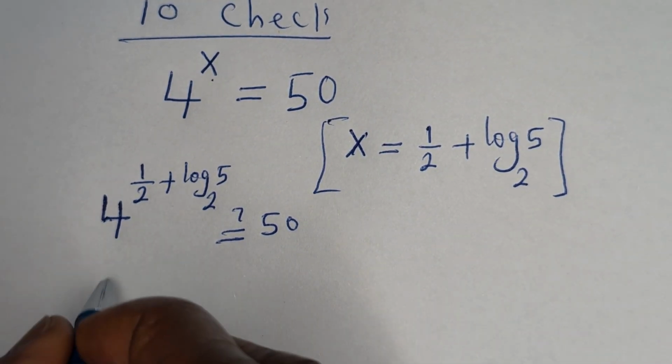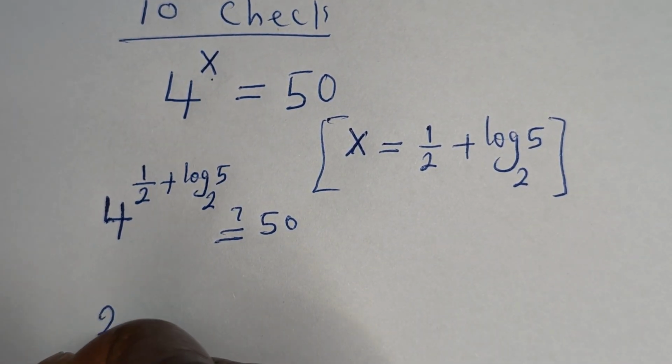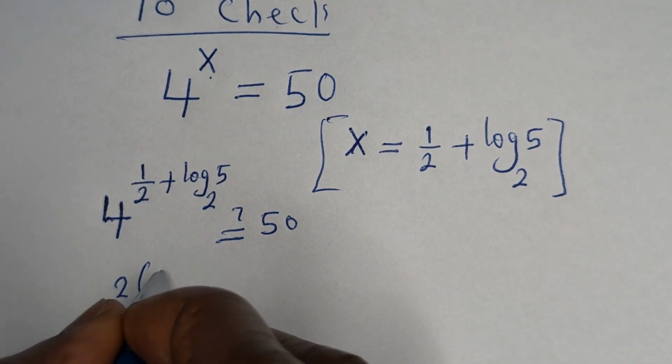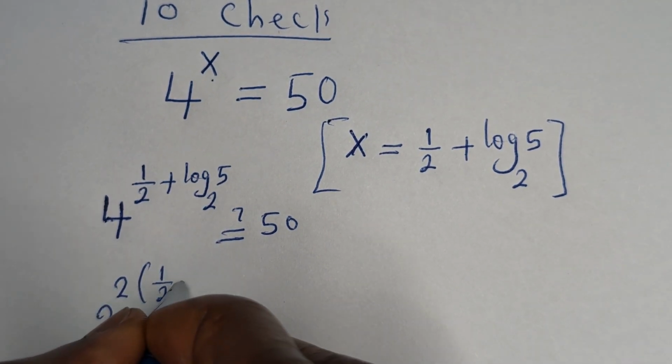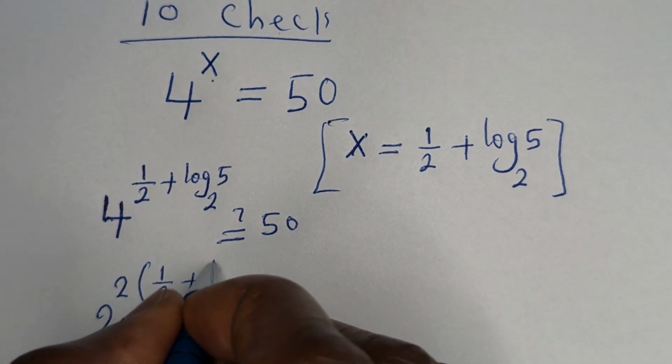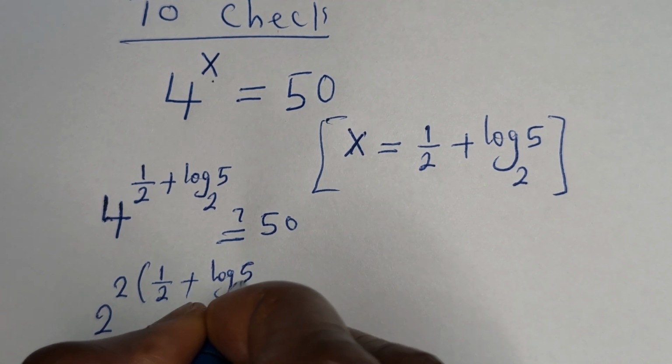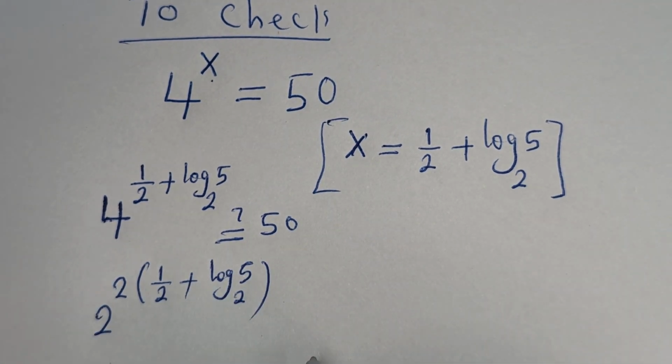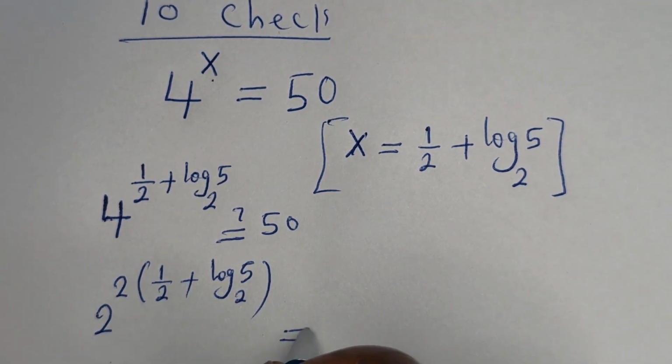Now, this can be written as 2 raised to power 2 bracket 1 over 2 plus log 5 base 2 must be equal to 50.